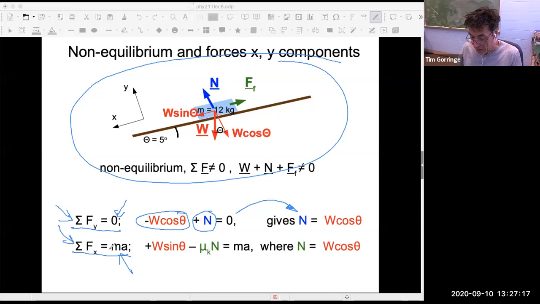If we go to the second equation, that's for the motion along the incline. There's a portion of gravity acting along the incline. It's this guy here. It's downwards, so there's a plus sign. And then there's friction that's trying to oppose that. This is the friction force, but I've written it as, remember, the coefficient of kinetic friction times the normal force.